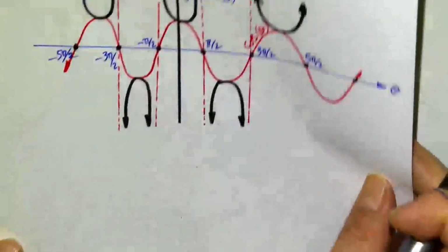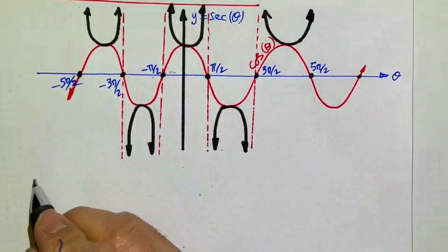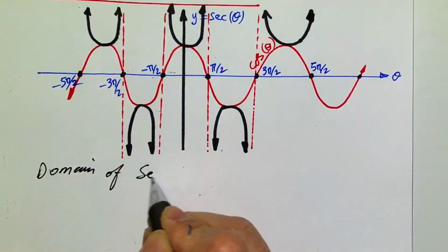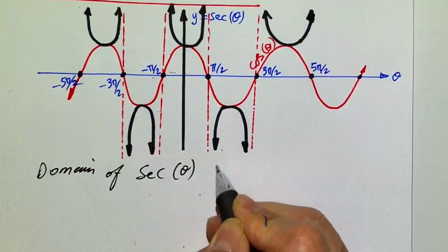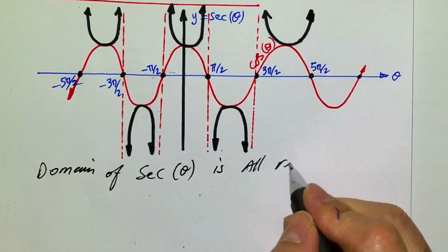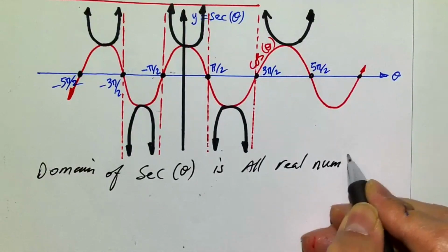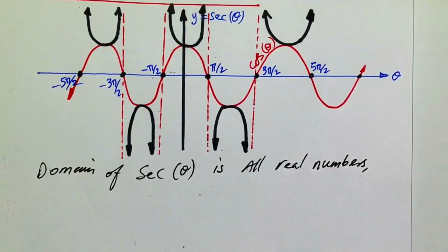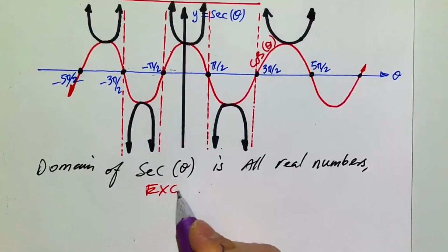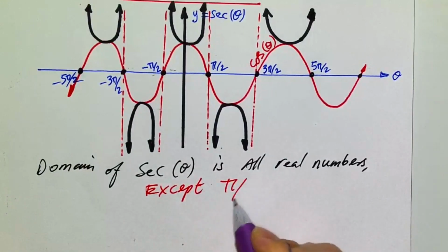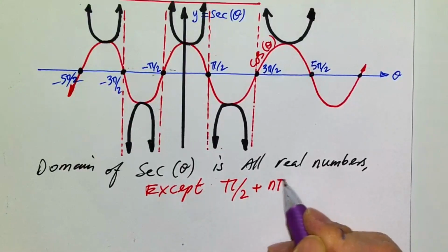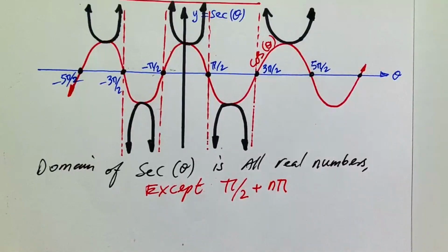So let's write that out. So we say domain of secant of theta is all real numbers, here comes the important part, except pi over 2 and anything that is n pi, that is pi plus that.